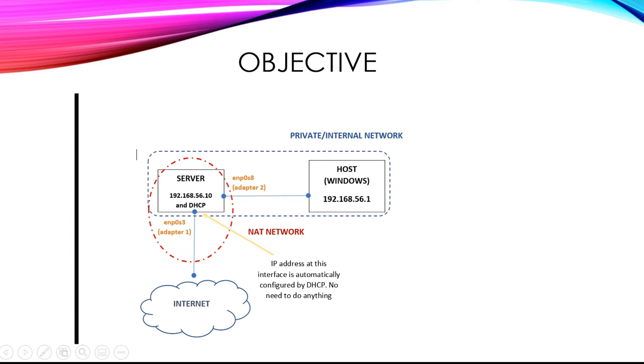And for the host, meaning the Windows server, the IP address will be updated automatically by DHCP. So we don't need to set any IP address for Windows Server.